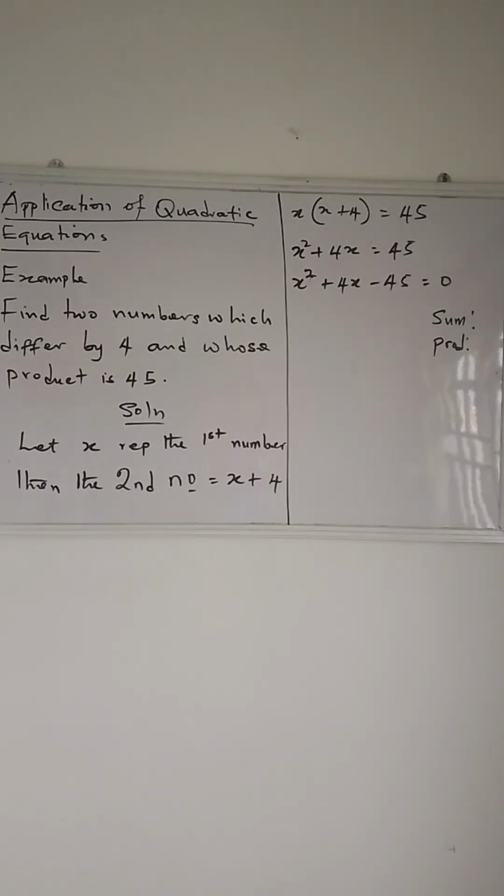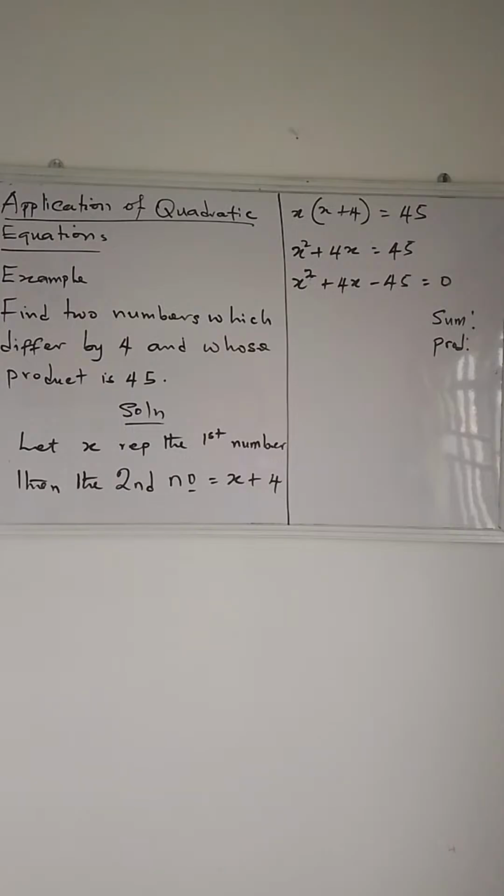I can see someone said 9, but I'm asking for the sum and the product. Okay, sum is 4 and product is 45. Oluwatosin, yes. Is anybody giving me another answer? Probably it's different from that.